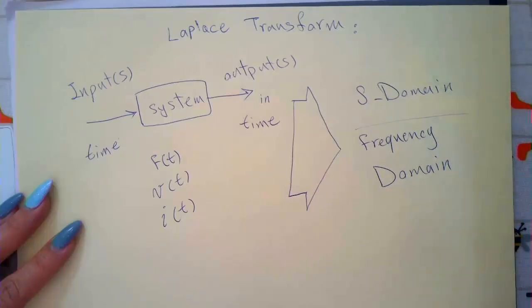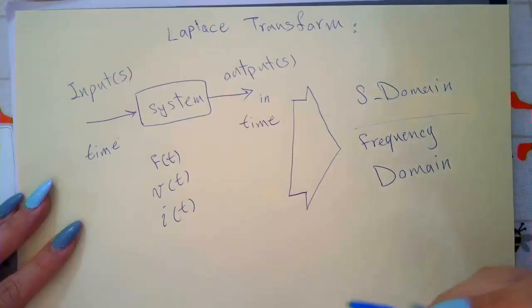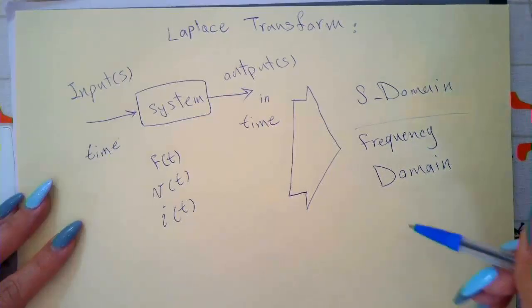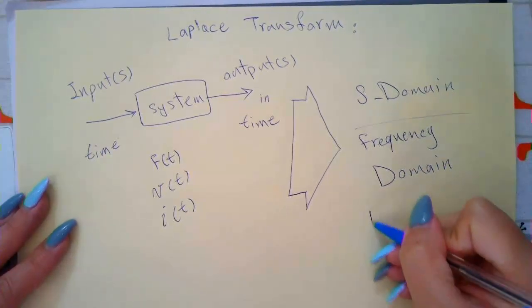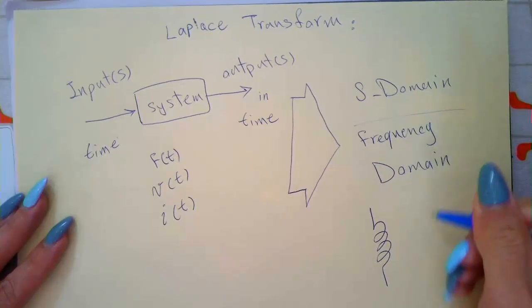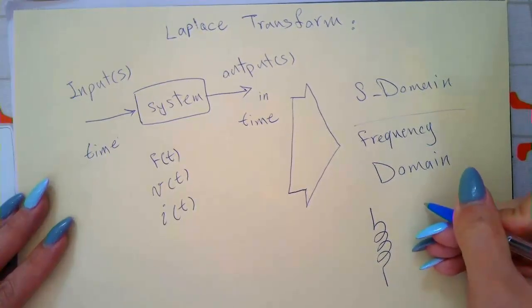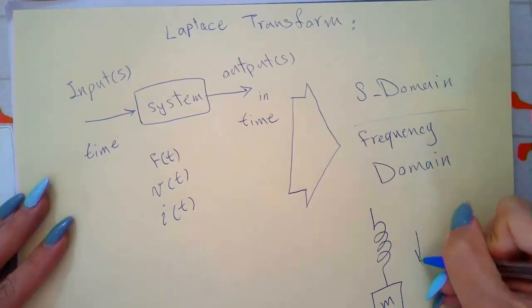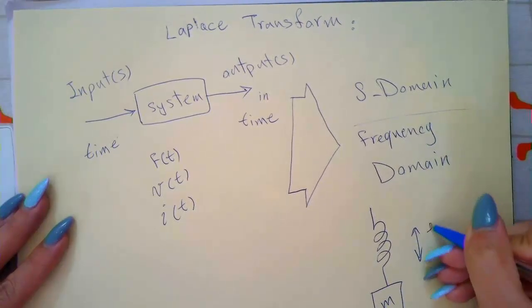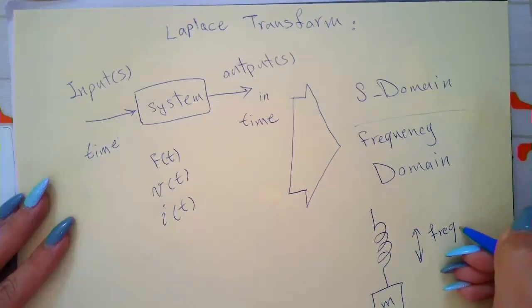That frequency comes in handy later on when you are looking at how a system's oscillation can settle down, and at what frequency a system can settle down. For example, the spring that was oscillating, or a system that was attached to that. So the oscillation here can have a frequency, right? That's a different discussion.